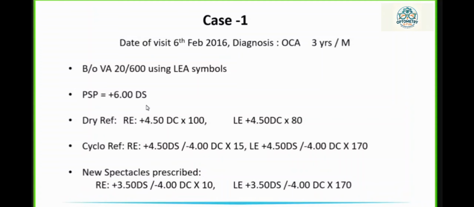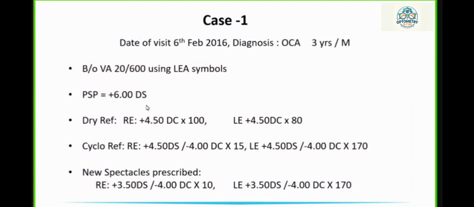In dry and cycloplegic, both refraction values show high astigmatic correction, and something similar has been prescribed as well. And in this specific case, because subjective is difficult to perform and the child is just 3 years old, you know that subjective response gives so much variability as well. So what was done was, empirically looking at these two values, a prescription was designed.